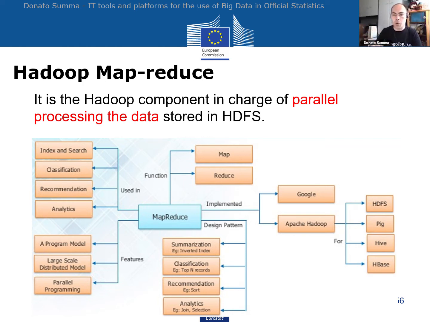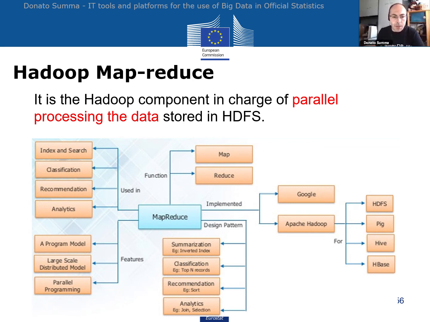Now we are going to see MapReduce, that is the processing part of the system. As you can see, MapReduce relies on 2 basic functions, the map function and the reduce function. That's why it's called MapReduce.